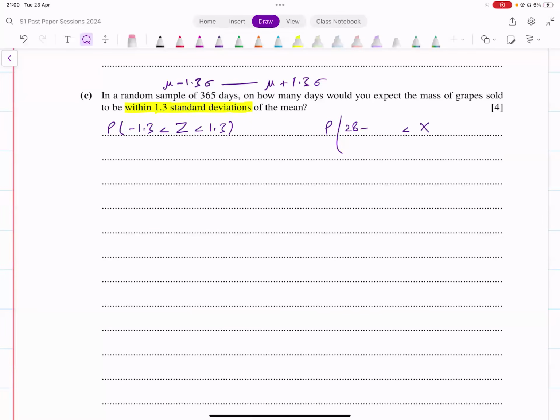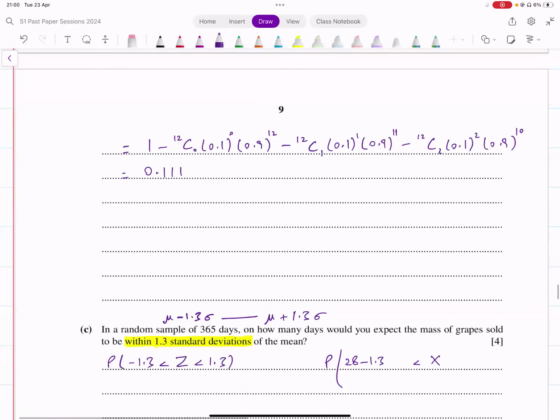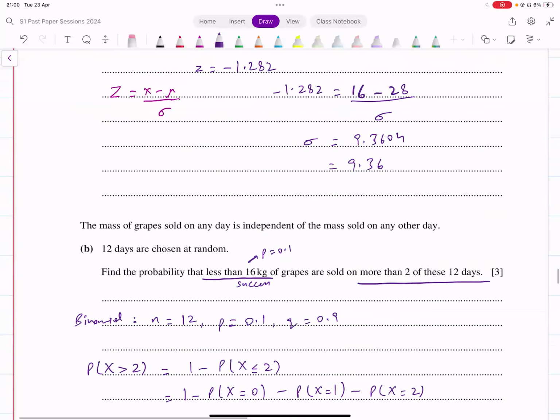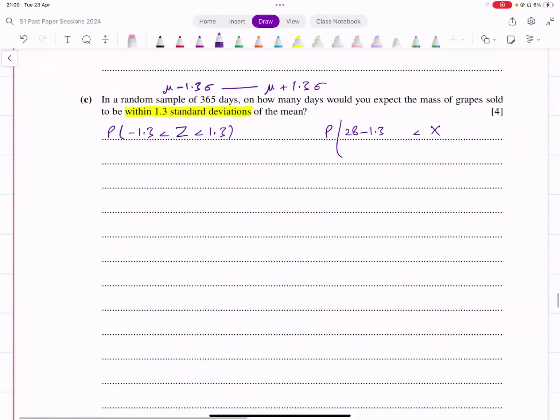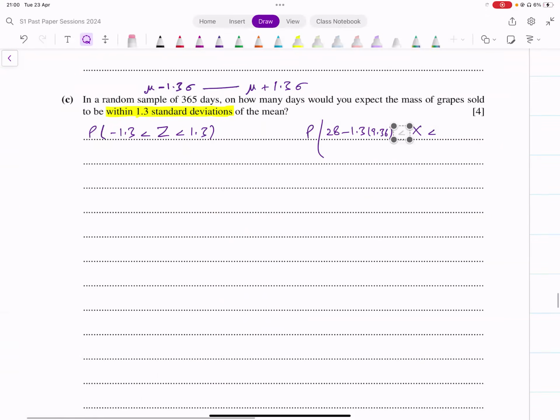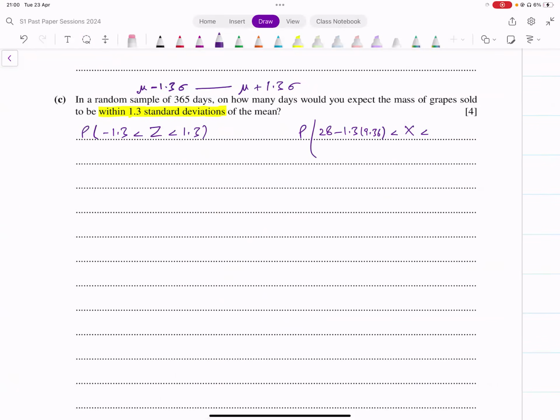Minus 1.3 standard deviations. What's the standard deviation? We calculated that in the previous part: 1.3 into 9.36. And on the other side, you'll have mean, which is 28, plus 1.3 into 9.36.